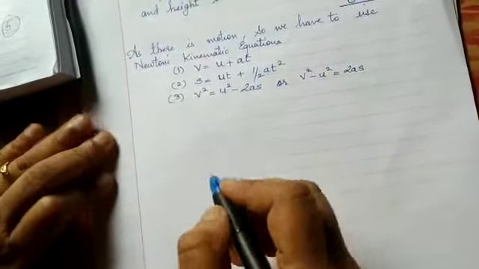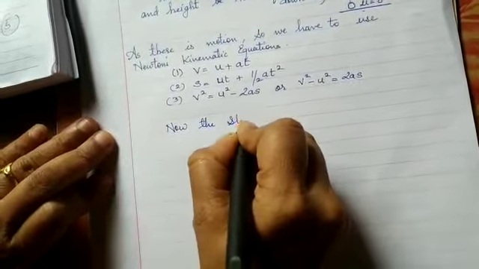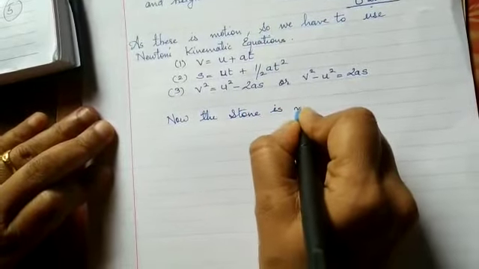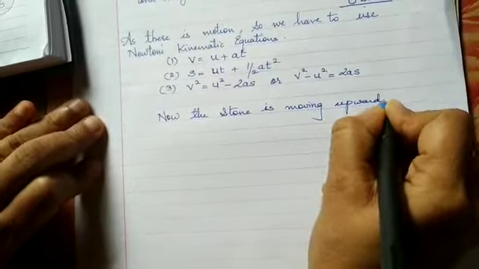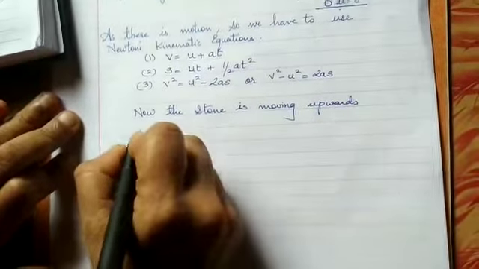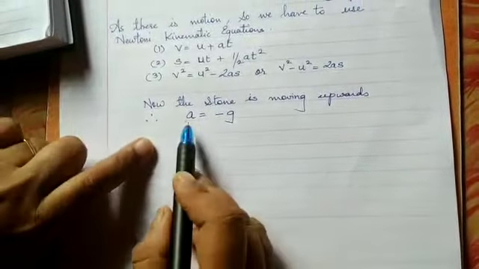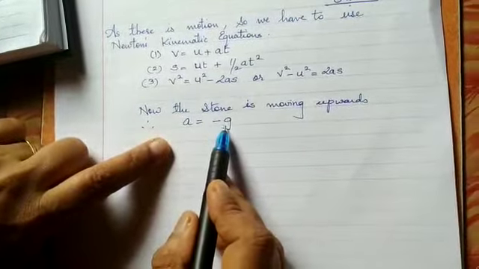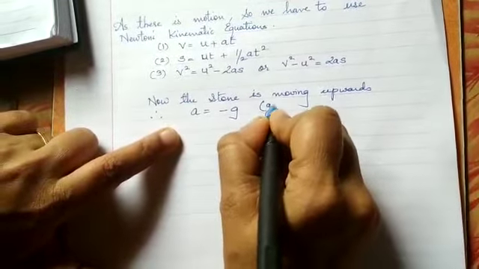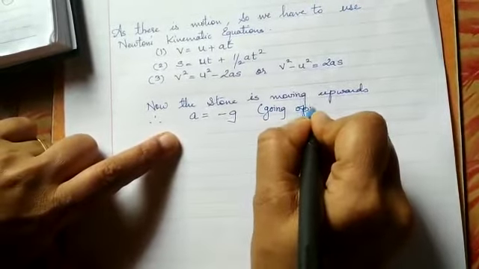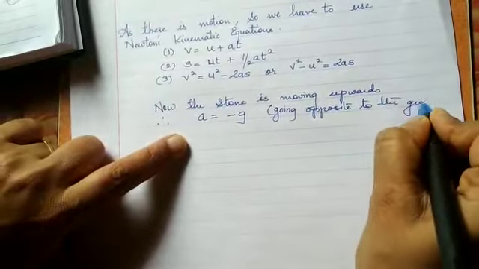Now the stone is moving upwards. Therefore, its A is equal to minus G. Acceleration due to gravity is negative because stone is moving upwards, that is going opposite to the gravity.